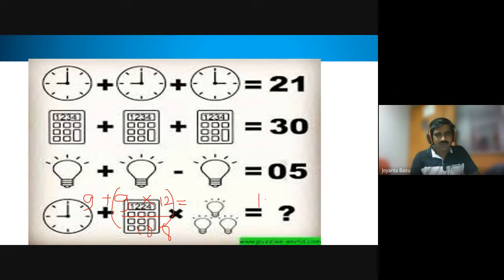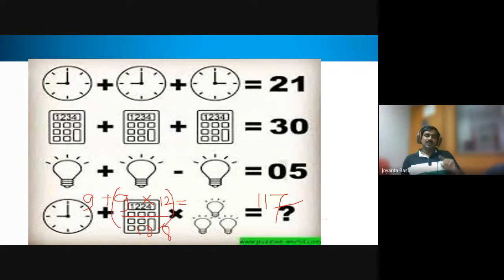So the correct answer is 117. First of all, we need to find the numbers 9 plus 9 cross 12. But as per mathematics, we need to give weightage to the multiplication. So we will do multiplication first, then we will add.